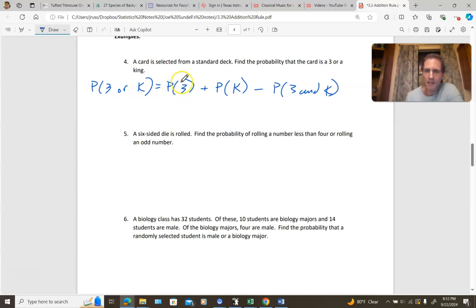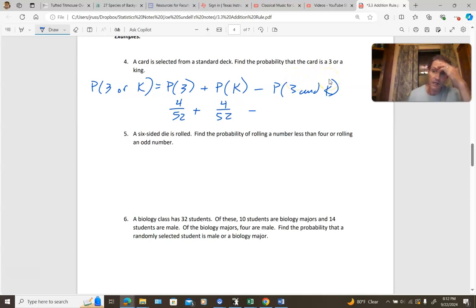So the probability of selecting a 3, well, there are 4 3s out of a total of 52, plus the probability of selecting a king, there are 4 kings out of 52, okay, minus, and this is where you realize that these two events are mutually exclusive. You cannot select a card that happens to be both a 3 and a king, okay?